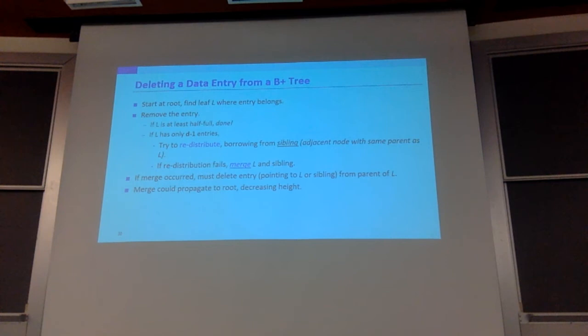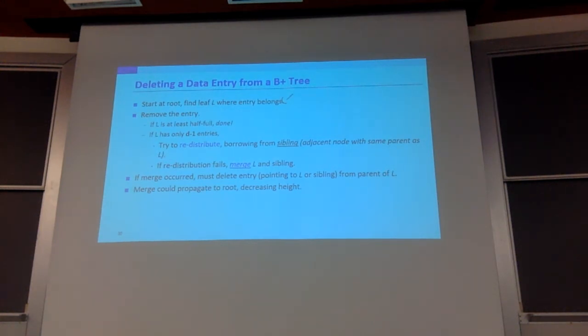Deletion is just the opposite of insertion. To delete something, you need to first find it. So first you find that particular key in your tree, doing the same kind of search as in insertion or a normal search. Then remove the entry.